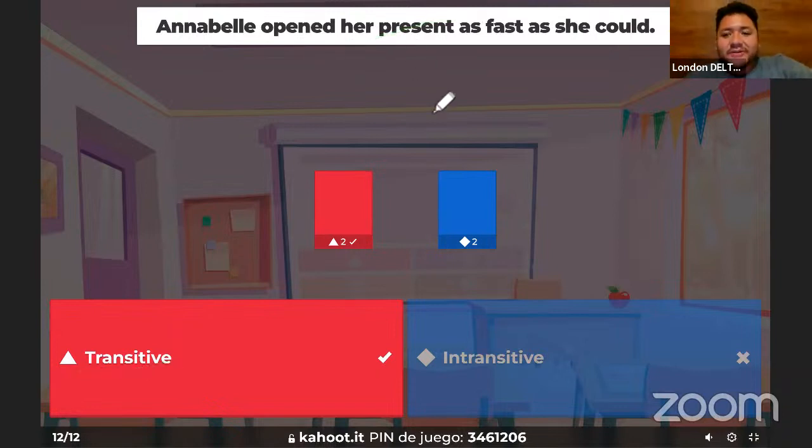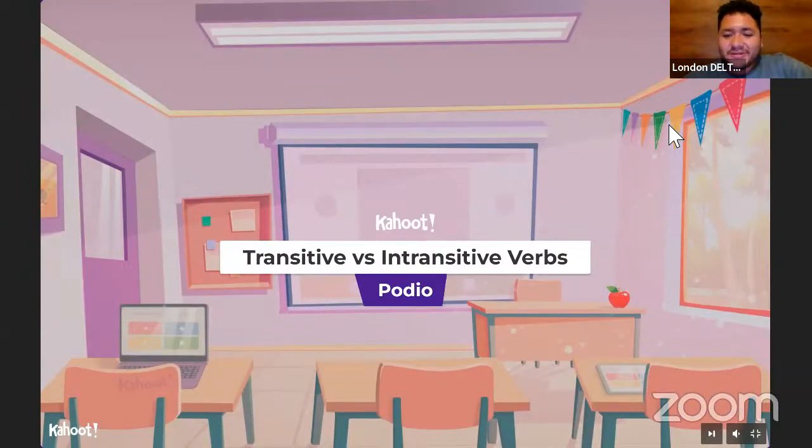Right? Very well. Si yo dijera, Annabelle open, sin nada más, pues no se puede entender la oración, right? Annabelle abrió. ¿Abrió qué? Right, you need to know. Any questions here? Yeah? Okay, let's move on.